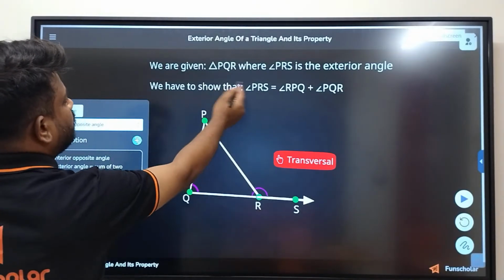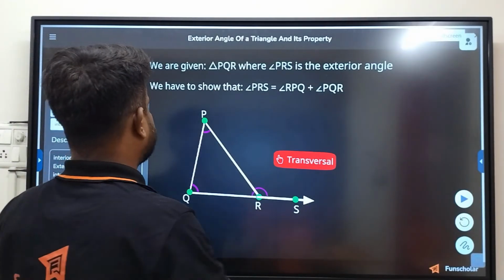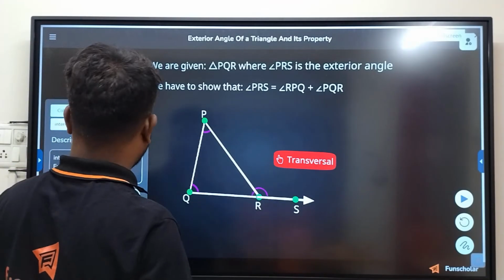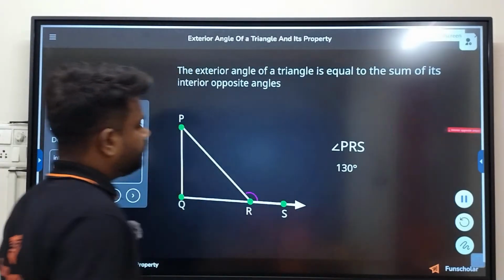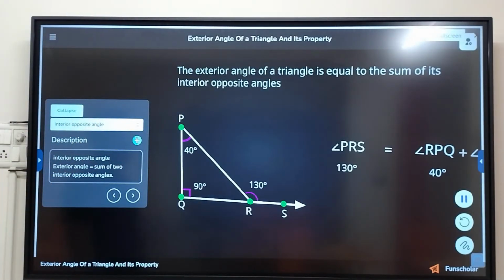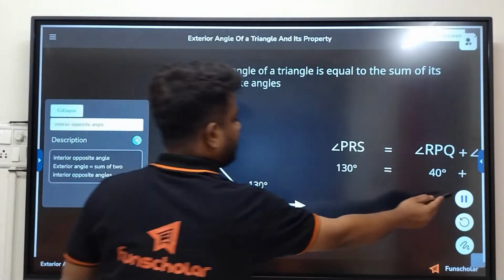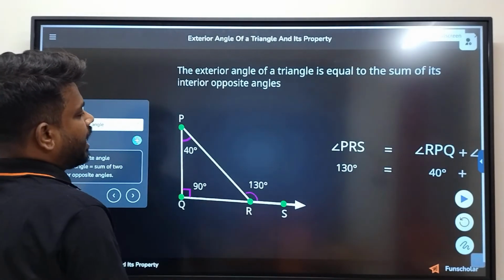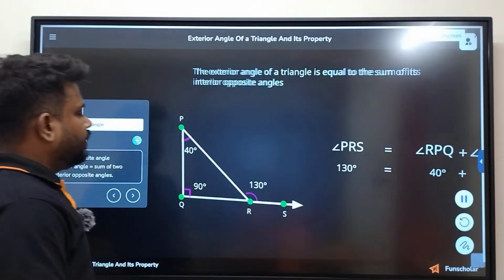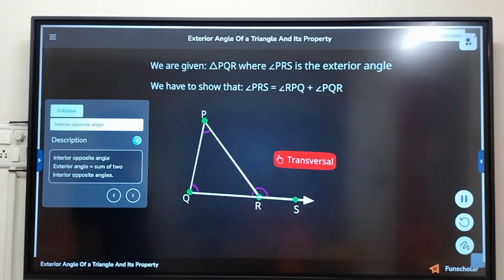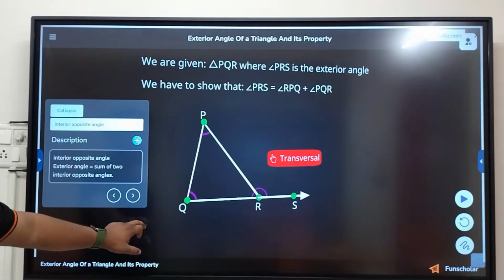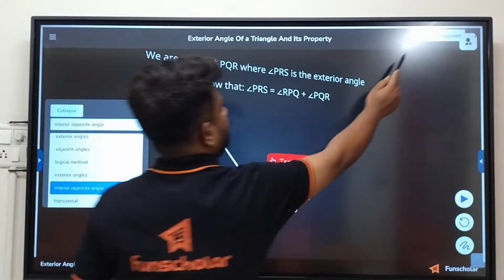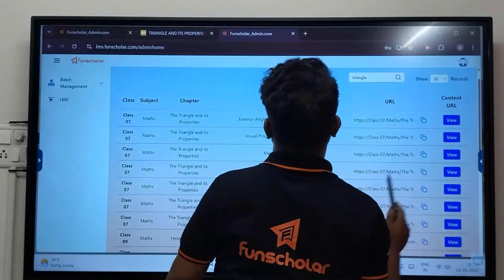We have to show that PRS equals RPQ plus PQR. Here this one is 90 degrees and this one is 40 degrees as given, and this one has to be 130 degrees. So let's go further.